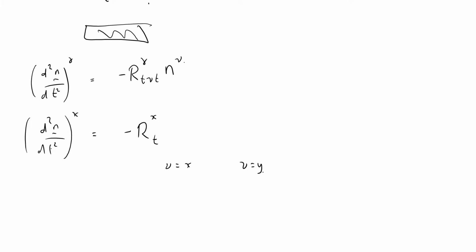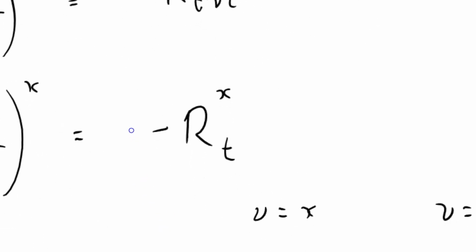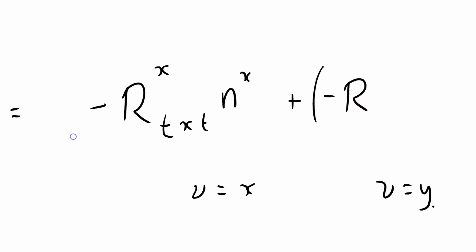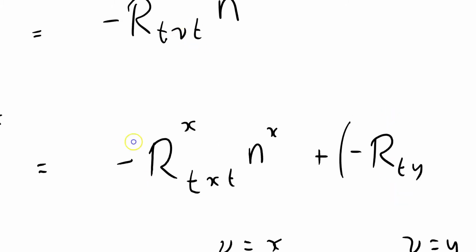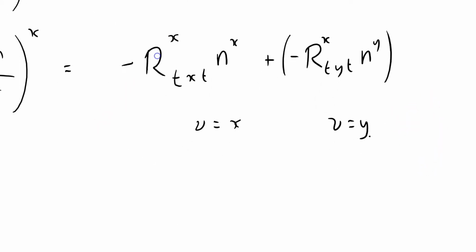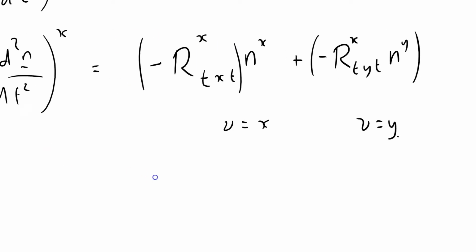So I've only got 2 components to consider: x, t, nu equals x, n x, plus minus R x, t, nu equals y, t, with x upstairs, n y.